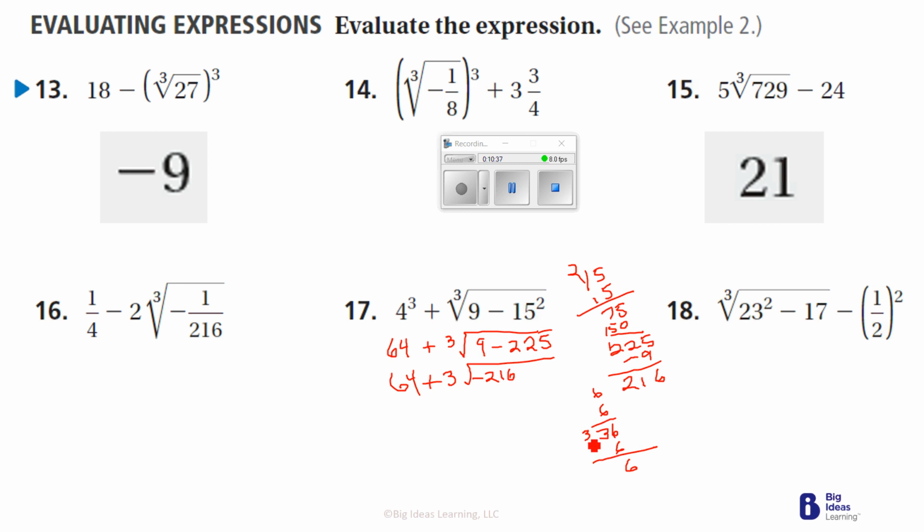And 18 plus 3 is 21. So this means we've got 64 plus, actually this would be minus, right? That was a negative. This would be negative 6. And 64 minus 6 is going to give us 58. So the answer should be 58. And there it is.